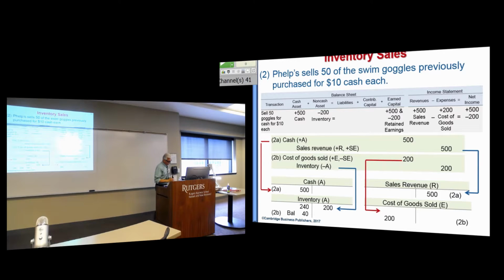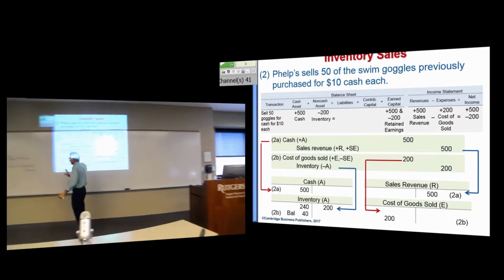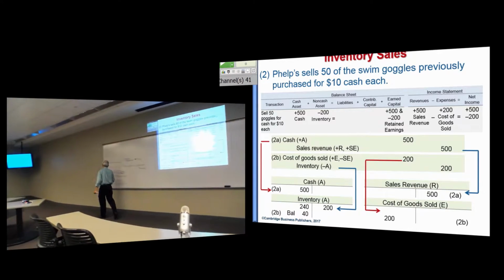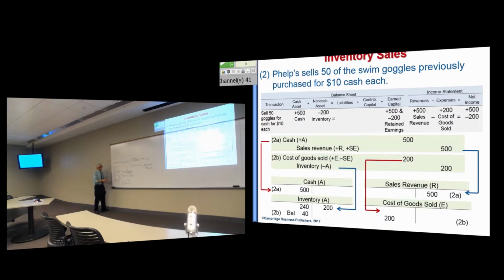All right, so before we move ahead, any questions on the inventory transactions? Because we want to be sure that you're comfortable with acquisitions and sales. All right, I'm going to get back to this later, but depending on what inventory methods you use, you may wind up with a different cost of goods sold.